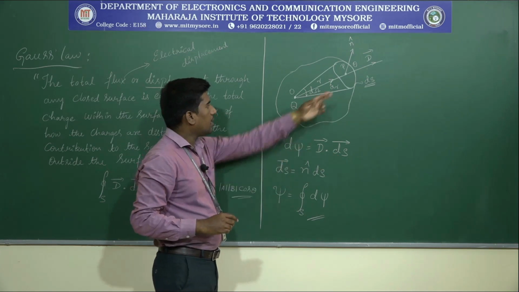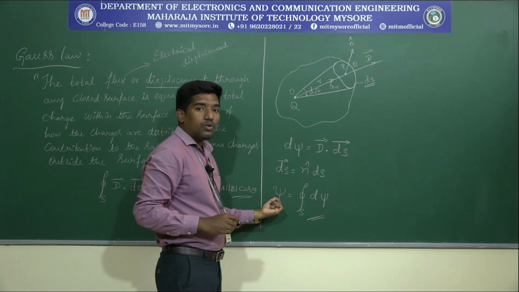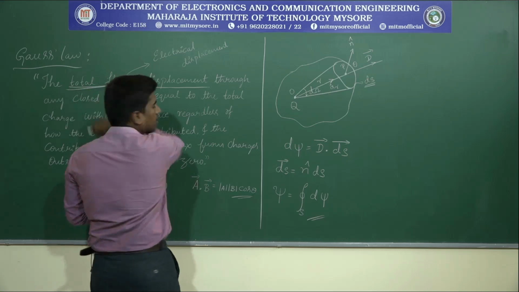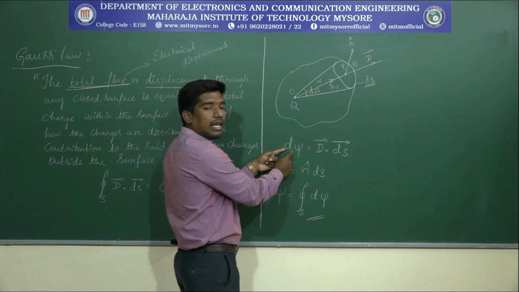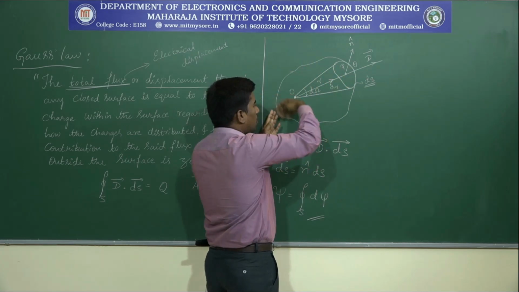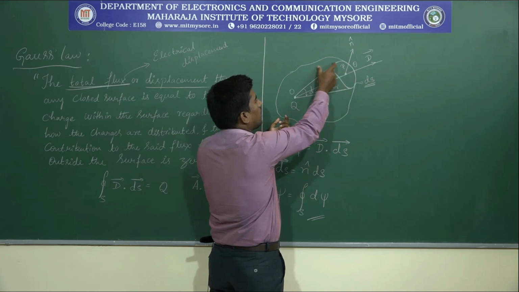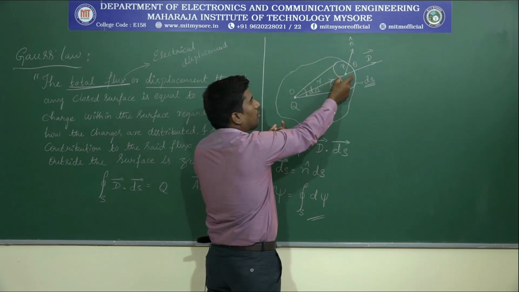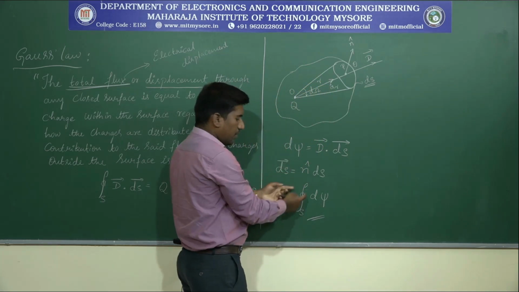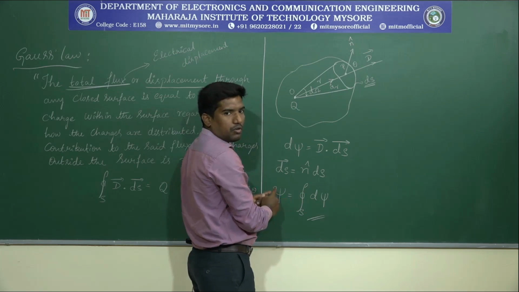We need to integrate over the entire closed surface area in order to obtain the total flux. We don't want the elementary flux through the elementary surface; we need the total flux within this closed surface area. So we integrate all the flux densities contributed by each of the elementary surfaces.